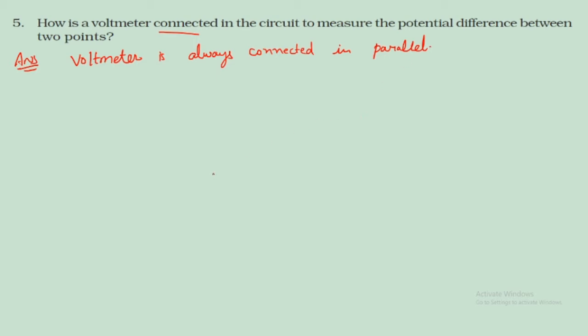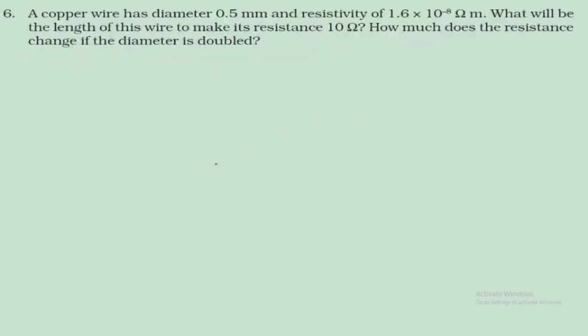Now question number 6. The sixth question is, a copper wire has diameter of 0.5 mm. So diameter D is 0.5 mm. Mm is millimeter.